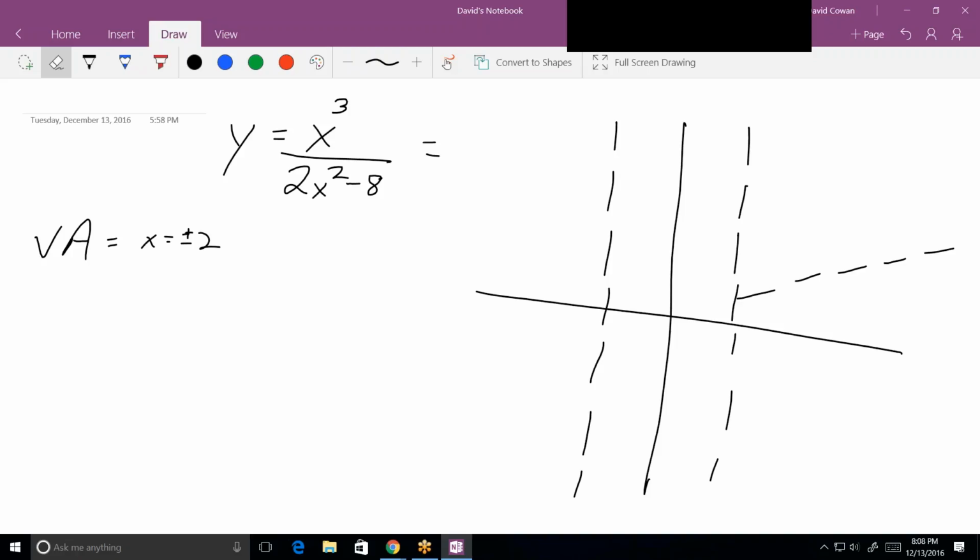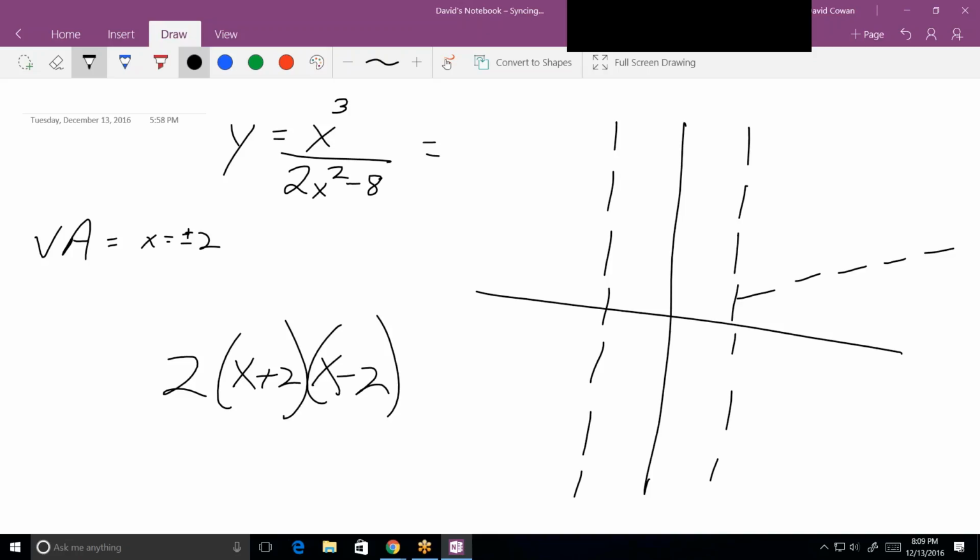In other words, I could factor the bottom and make it equal 2 times x plus 2 times x minus 2. But when I put x cubed on top, I can't cancel anything.